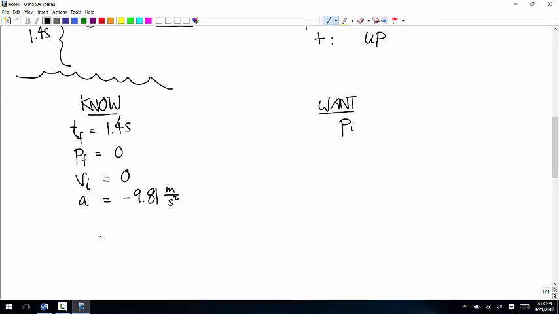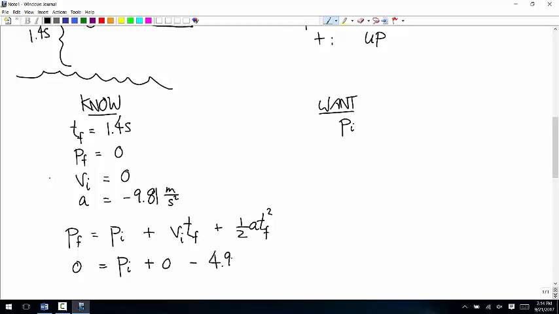And it looks like we can use this equation: P final is equal to P initial plus V initial times time final plus 1/2 A times time final squared. So 0 is equal to PI plus 0 minus 4.905.